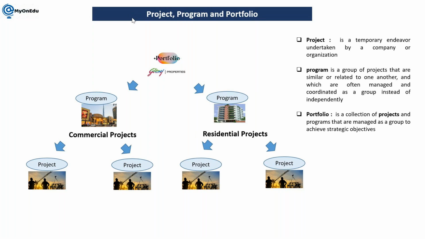As a definition, it is a collection of projects and programs that are managed as a group to achieve strategic objectives. But to understand how exactly we can identify the portfolio in any organization when going for an implementation is also very important. I've taken one example here.